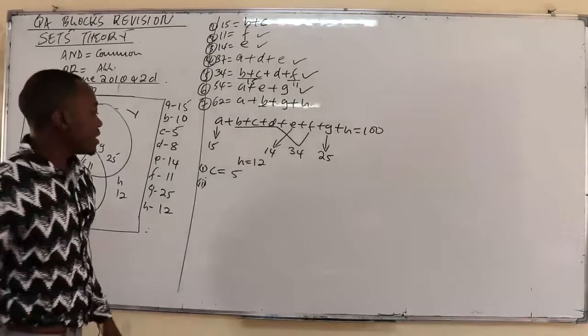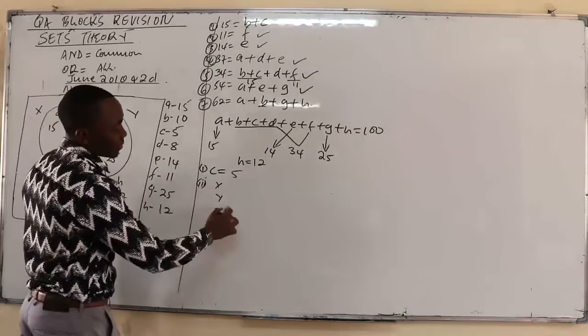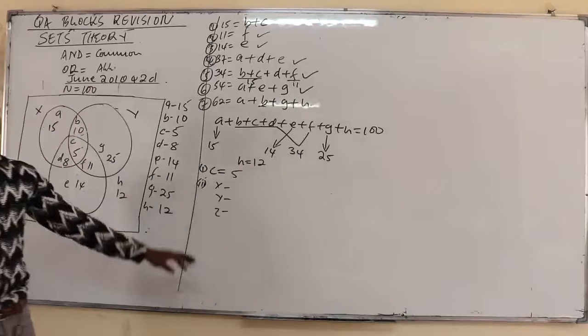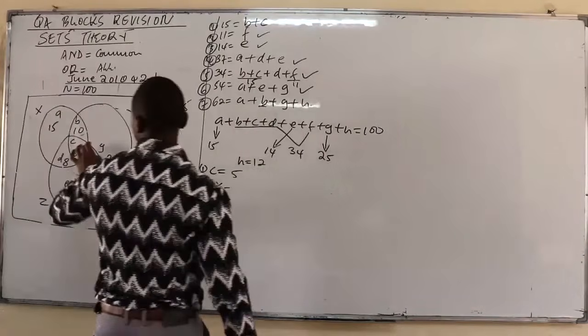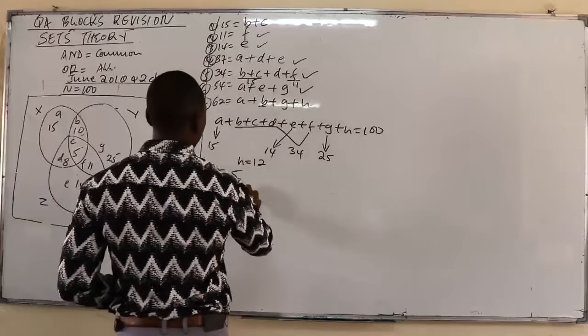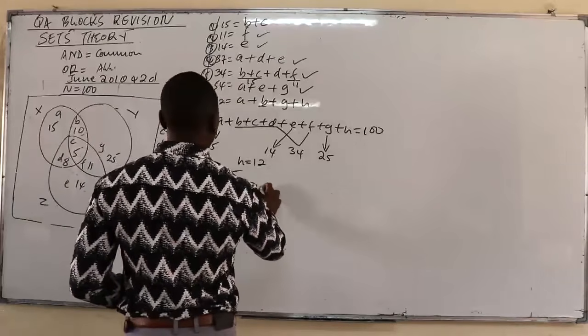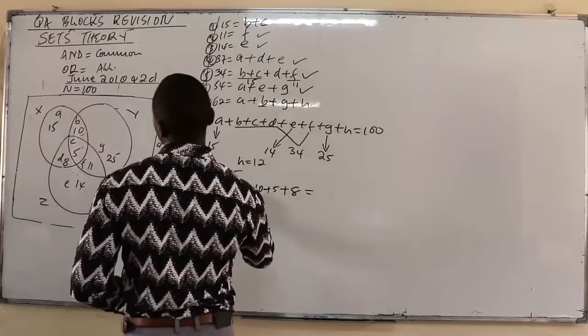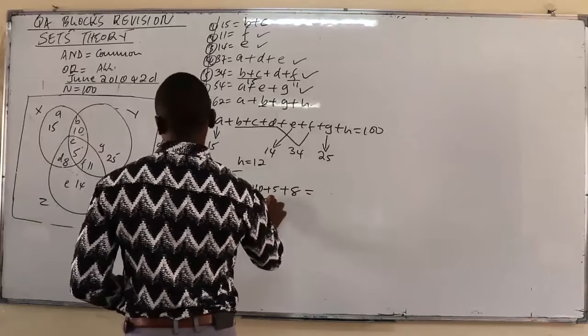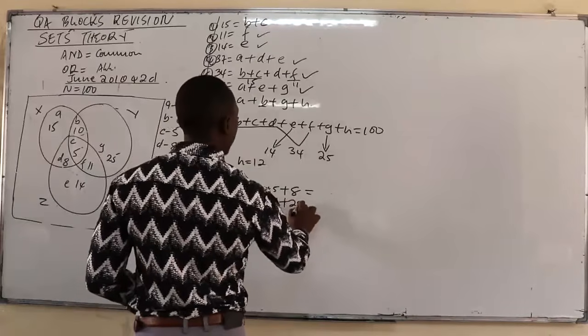So we had 3 candidates, X, Y, Z. Let's get all the voters who are in favor of X. For X, we had A, B, C, D. So A is 15, B is 10, plus 5, plus 8. Then Y, we have 10 plus 5 plus 11 plus 25.